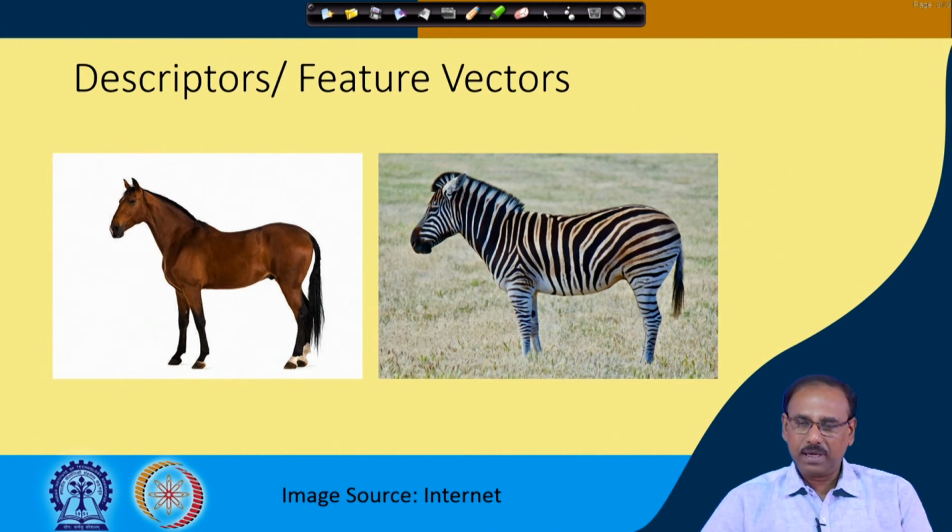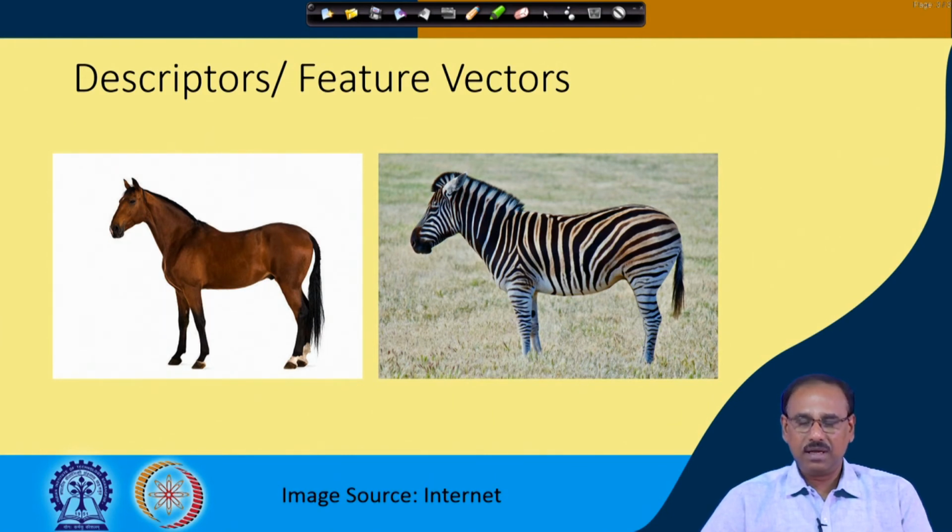And each of these properties, if I can represent in the form of numerical values, then you concatenate all these properties together, right. Say from shape, if I extract 5 properties, then the shape information can be represented by a vector having 5 elements. Similarly, from the color, if I extract 10 properties or 10 descriptors describing a color, all those 10 descriptors put together give me a vector having 10 elements.